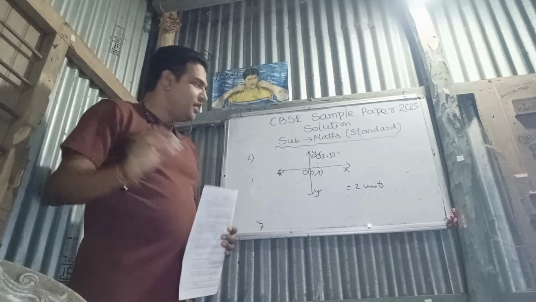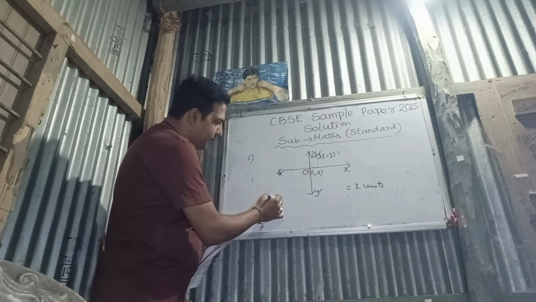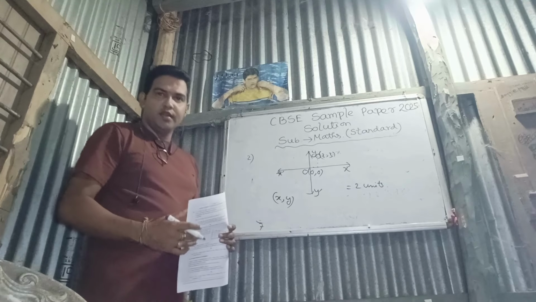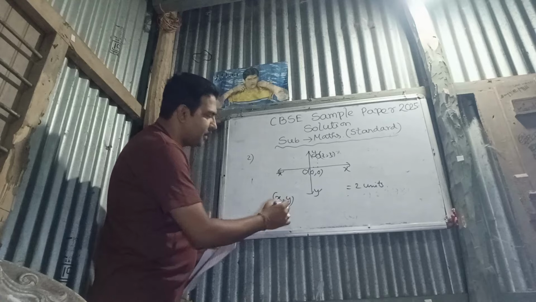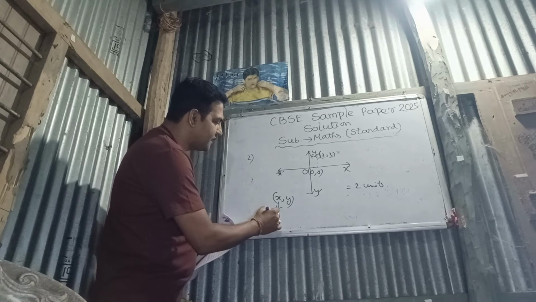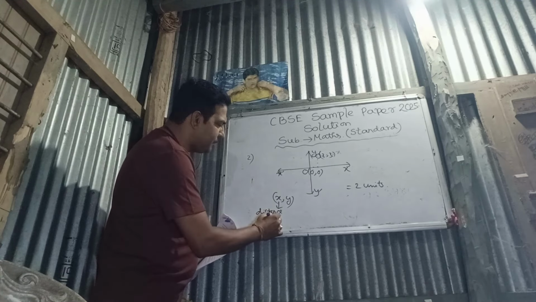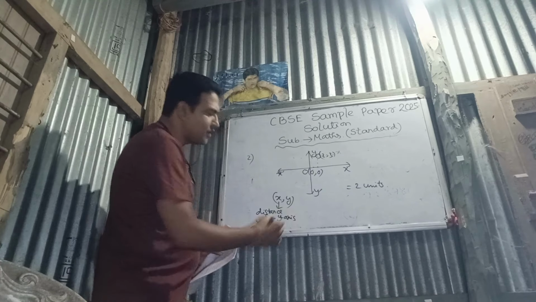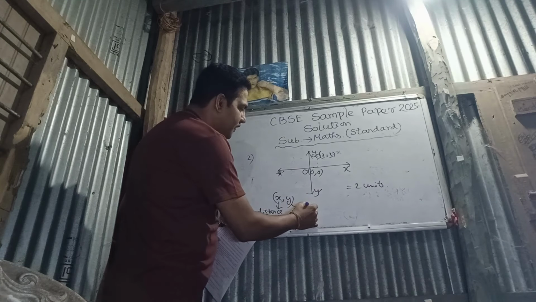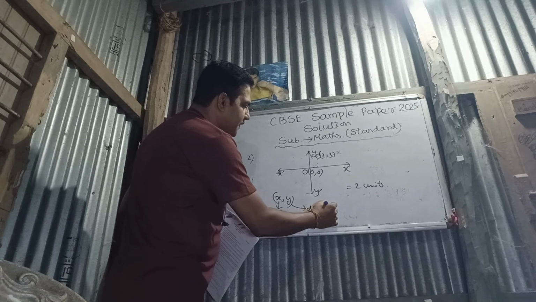Or actually we know if the coordinates of a point is x, y, the first coordinate x is actually the distance from y-axis. X coordinate is the distance from y-axis and y coordinate is the distance from x-axis.